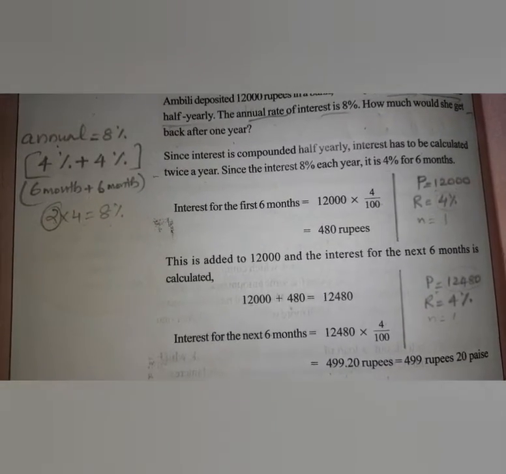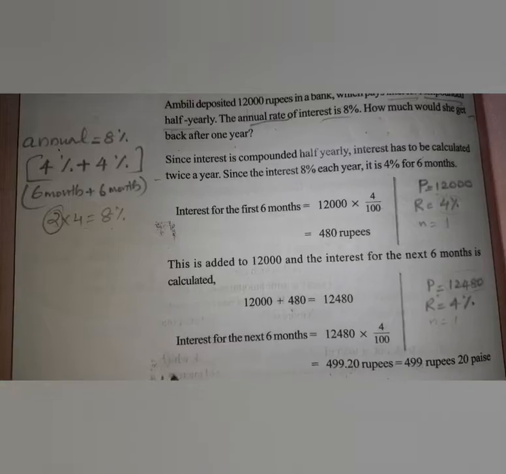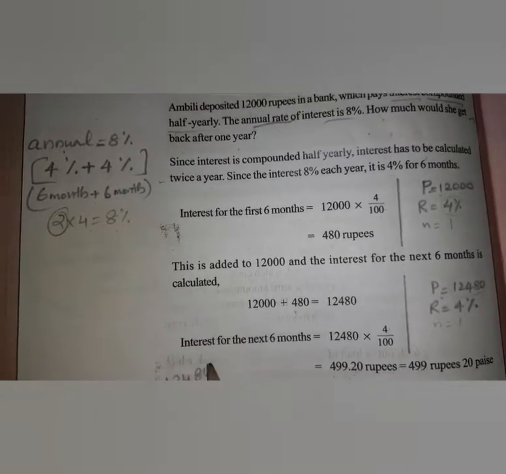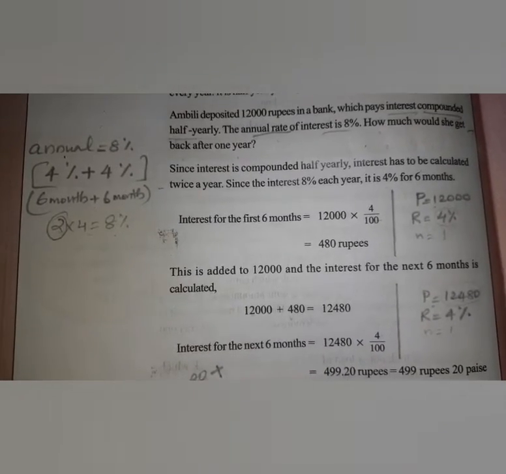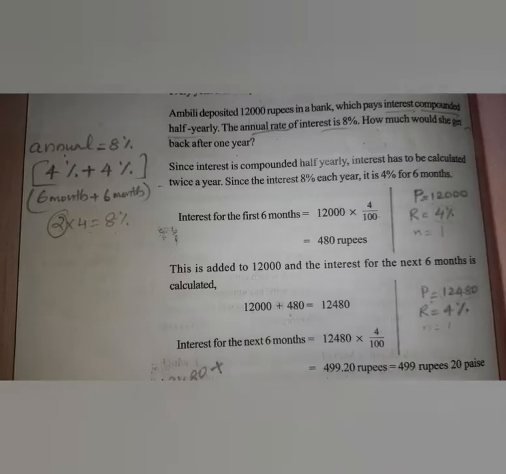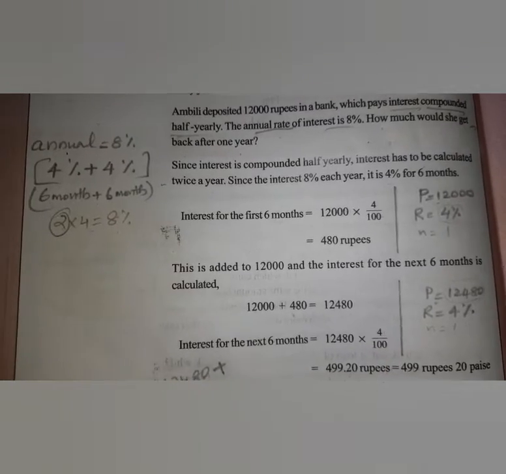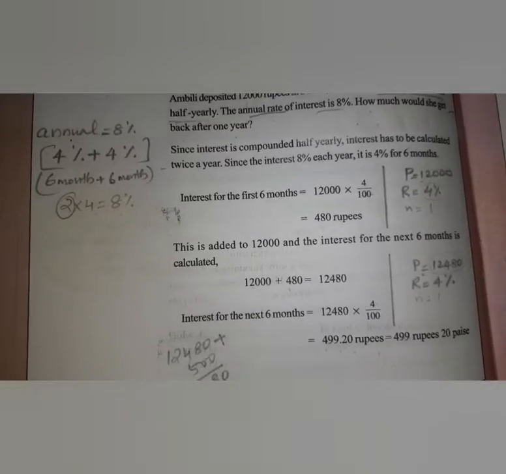So your total amount is how much now? 12,480 plus the interest, which we are taking as nearly 500. That is the total amount you are getting after 1 year, and the interest is calculated half yearly.